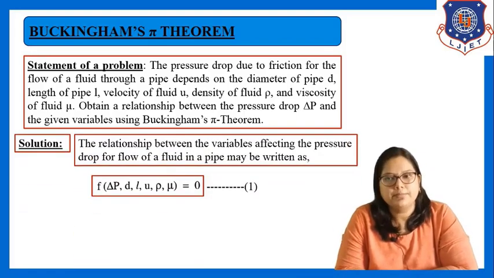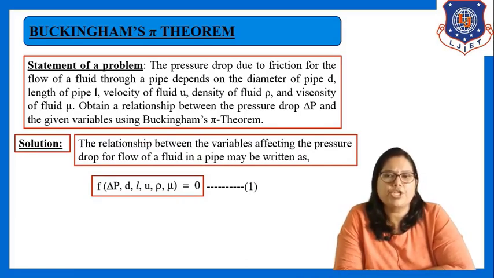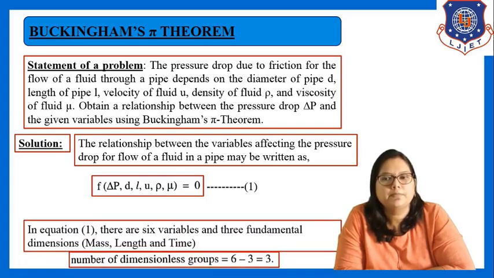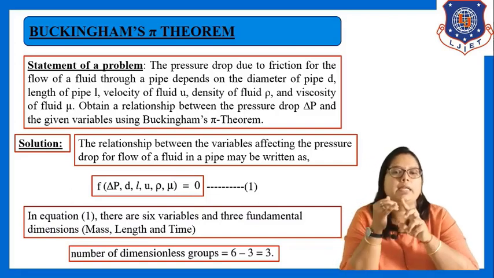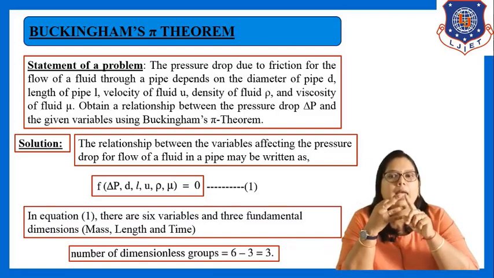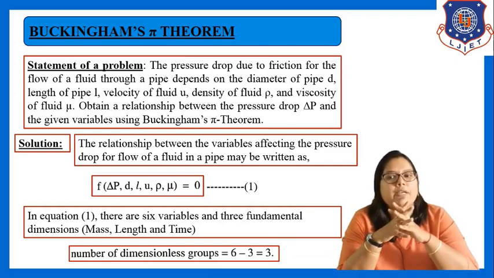For solution, the relationship between the variables affecting the pressure drop for the flow of fluid in a pipe may be written as function of delta P, d, L, U, rho, mu is equal to 0. This is my equation number 1. In equation 1, there are 6 variables, delta P, d, L, U, rho and mu. So 6 variables and 3 fundamental dimensions.